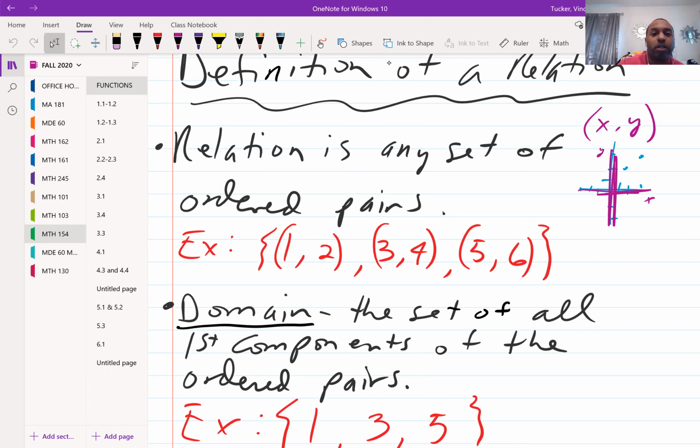Professor Tucker? Yes. This is the beginning part. I just joined a little late, sorry. Yeah, this is it. This is the first definition, right? Uh-huh. Okay. The title was basics of functions. The basics of functions? Mm-hmm. 2.1.